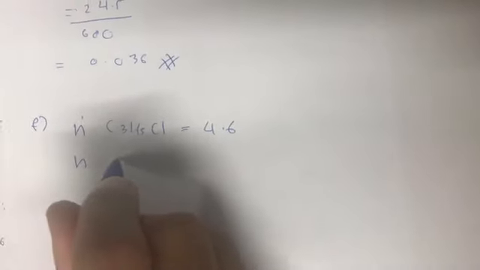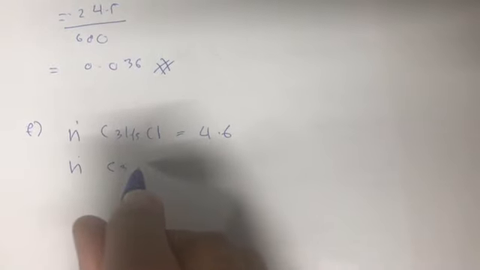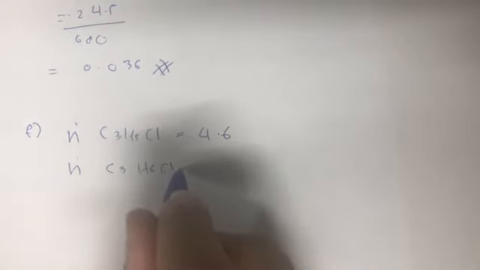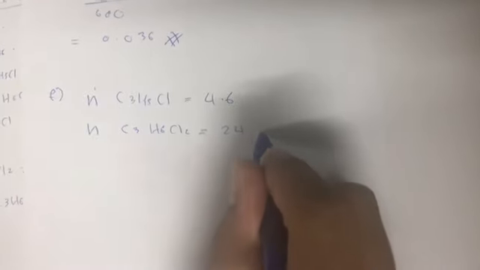In selectivity as well, we must find the mole flow rate of C3H5Cl, which is equal to 4.6, and the mole flow rate of C3H6Cl2, which is 24.5.